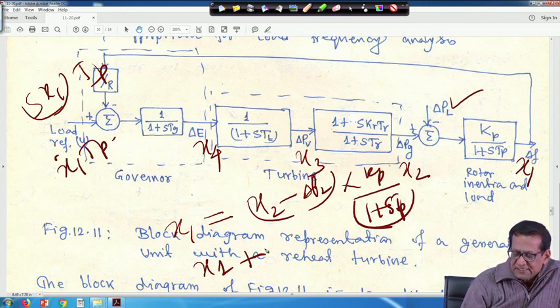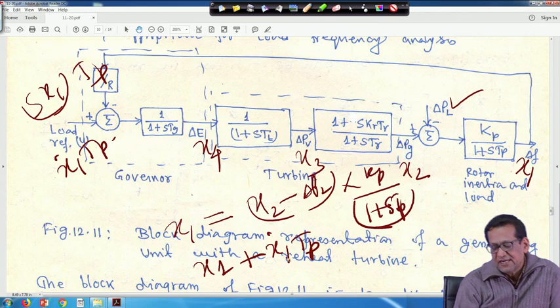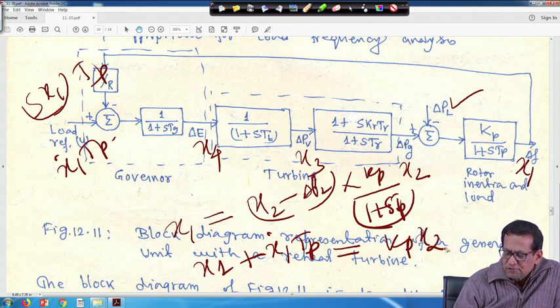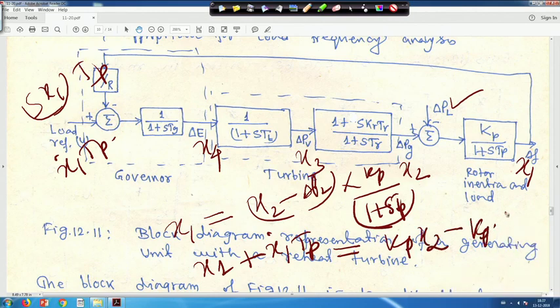So, S x1 is nothing but x1 dot into Tp, is equal to Kp x2 minus Kp into delta PL, right.